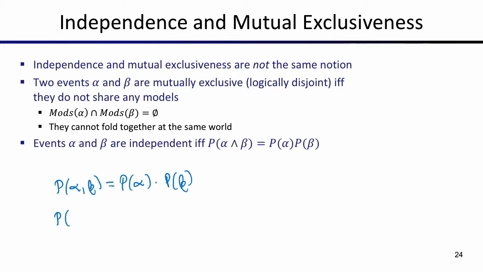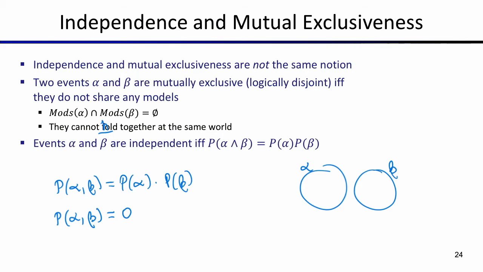When two events are mutually exclusive, the joint probability of the two events is equal to 0, because if we have alpha here and beta here, there is not a single world where the two events hold at the same time. So the intersection here is going to be 0, and when you compute the probability, there will be no worlds that you can sum the probability of in order to make this joint probability. So we say that these two events do not hold together in the same world, so the joint probability of them is 0.